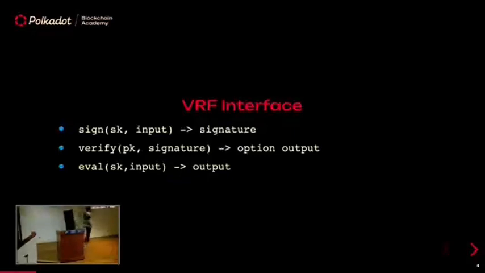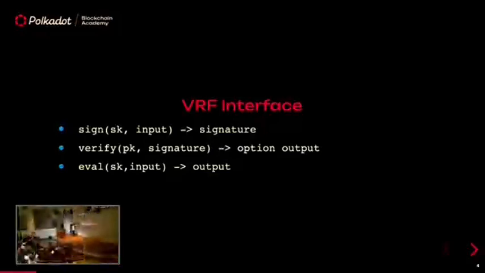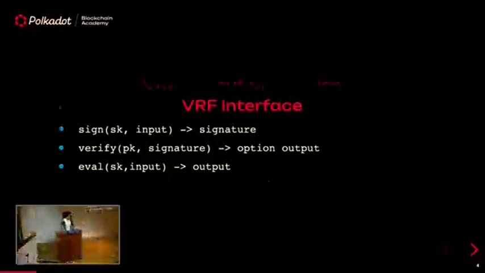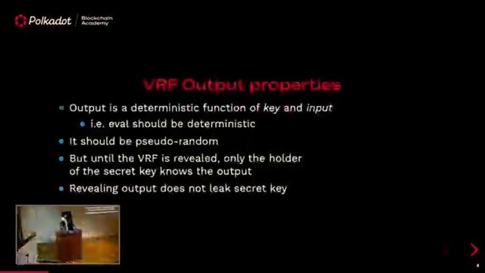You can also evaluate this VRF for an input with your secret key to get an output, and other people can check that your output was correct by verifying with your public key and the signature to again get the same output that you produce privately. So the output is a deterministic function of the key and the input.